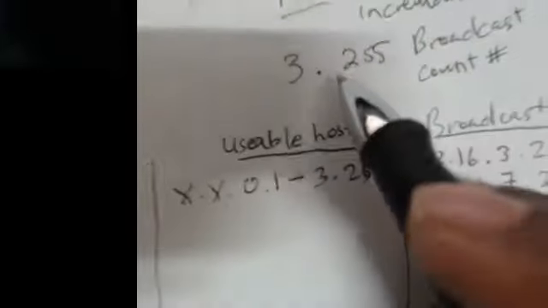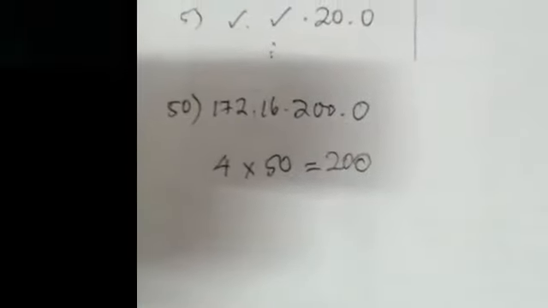And how about the broadcast for the 50th subnet? Well, you know that the broadcast increment is 3.255. So you add 200. So you go 172.16.200 plus 3 gives you 203, dot 0 plus 255 gives you 255.